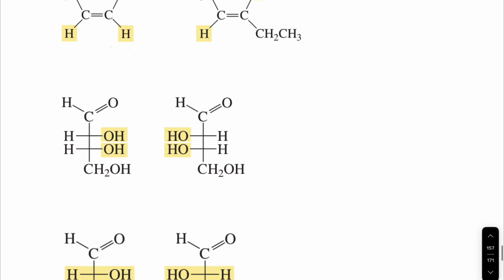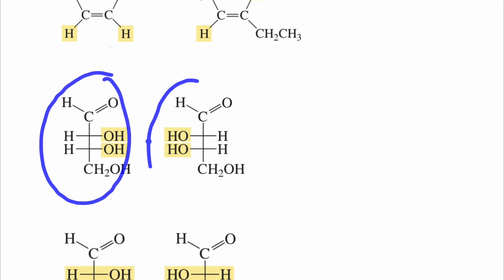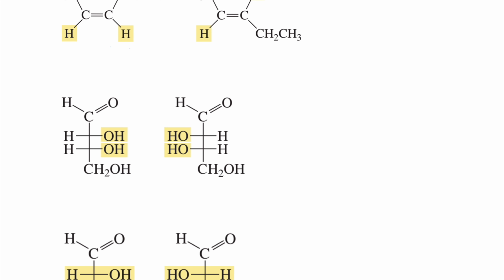Let us take one more example. This is the first molecule and this is the second molecule. You can check they have the same molecular formula, connectivity is also the same, but at this center the OH group is on the right side, but here the OH group is on the left side. OH group is right side, OH group is left side. So these are also known as stereoisomers.